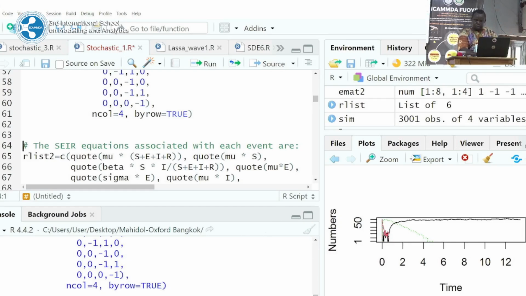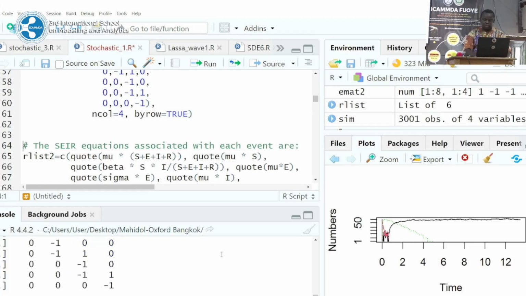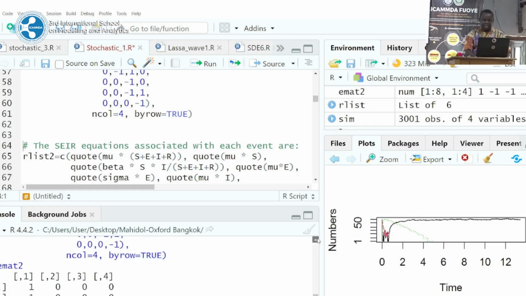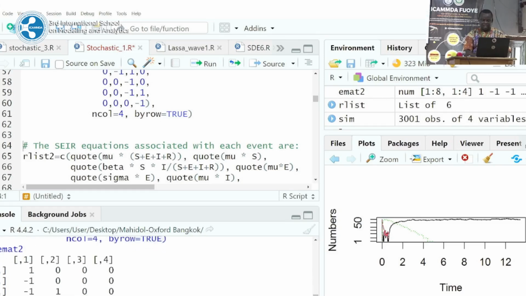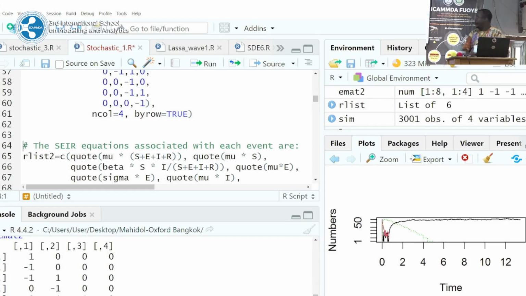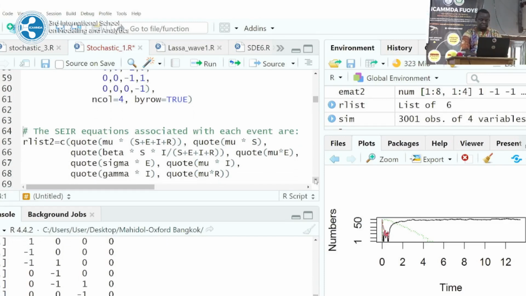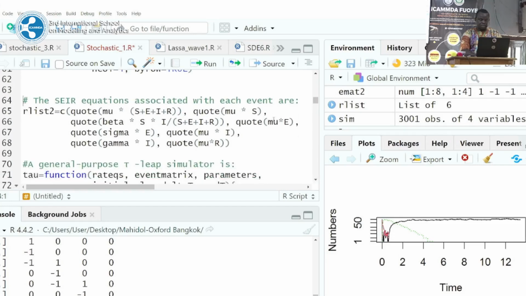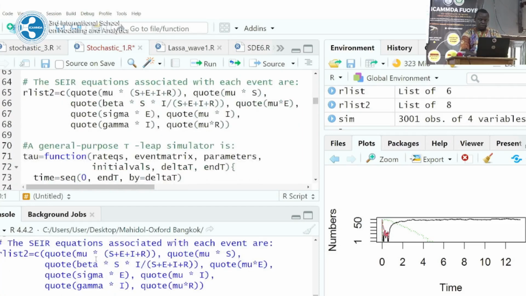The EMAT 2. So we have the matrix, and we also have the R list 2.